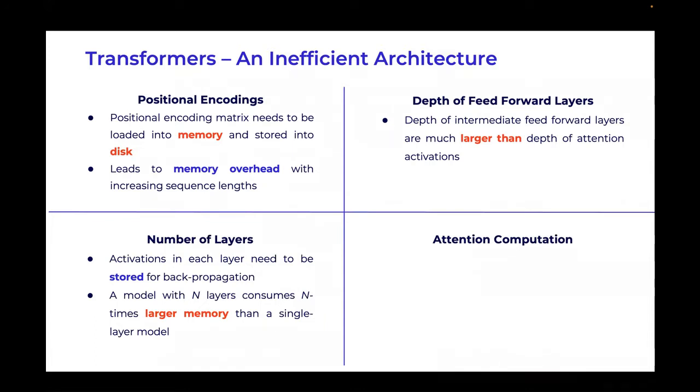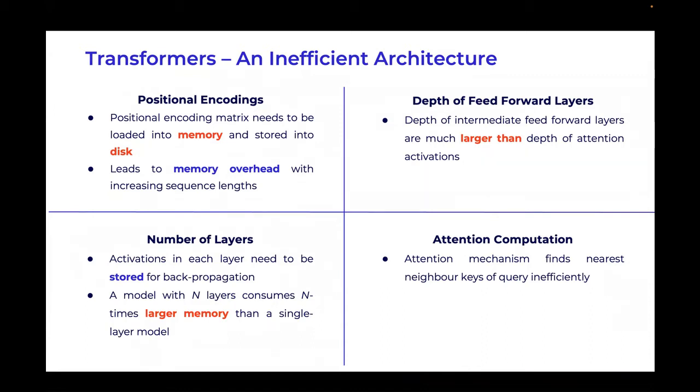And the final one is the attention computation. You would remember the way the attention is computed. Suppose the sequence length is 20. For every token in the sequence, the attention matrix will get computed with each and every other token in the sequence.